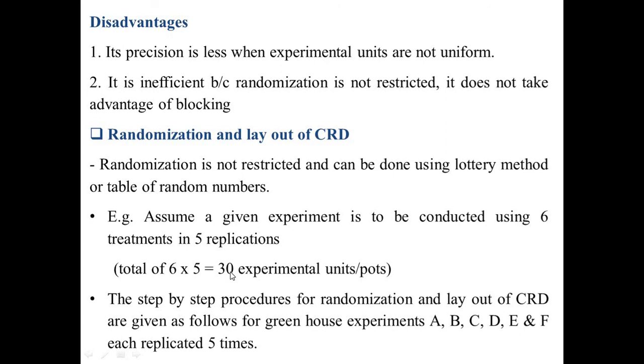The step-by-step procedure for randomization and the layout of CRD is given as follows. This is for a greenhouse experiment having treatments A, B, C, D, E, and F, each replicated 5 times. So we have 6 treatments.